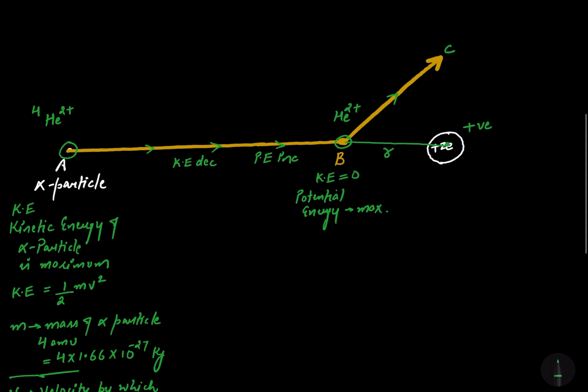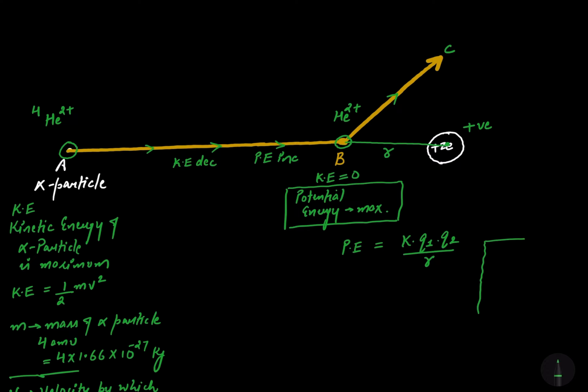Now let's talk about the point B. At point B, our potential energy is maximum. In just the previous lecture, we have studied about the formula of potential energy. The potential energy is K into Q1 into Q2 divided by small r. Now what was the charge 1, the Q1 over here? Obviously, it's the alpha particle.